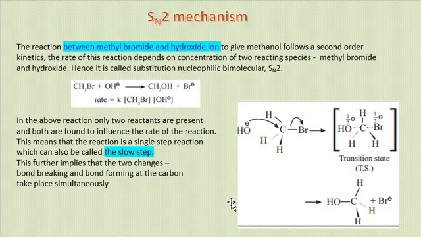In other words, in an SN2 reaction there is inversion of configuration. When the product is forming, there is an inversion in configuration, and this inversion is called Walden inversion. And this happens due to the backside attack of the nucleophile.